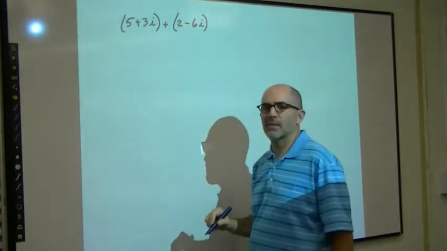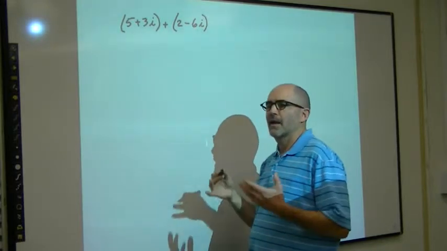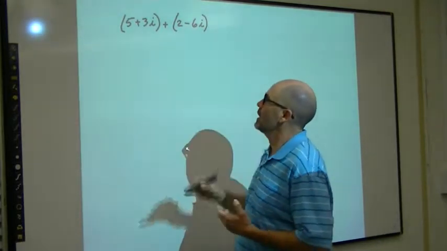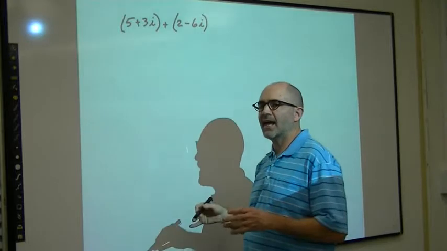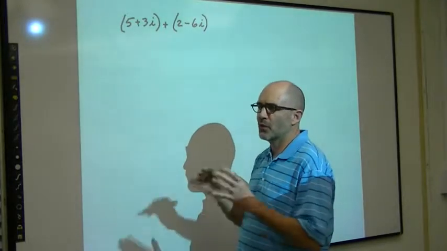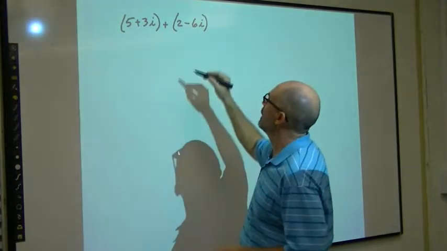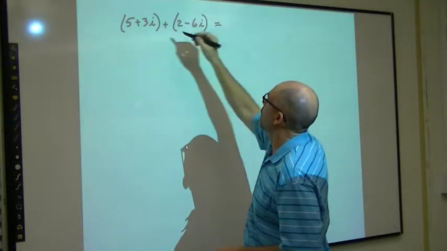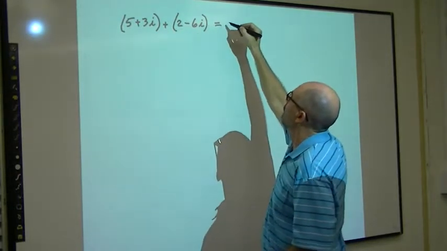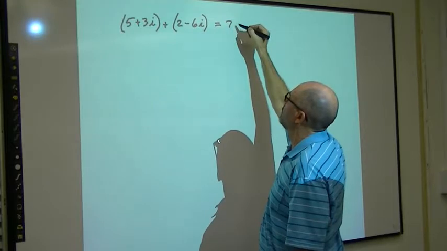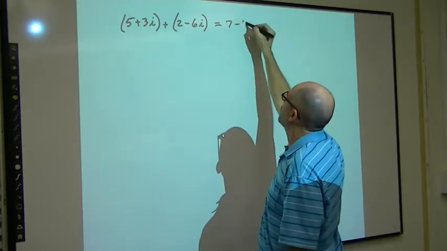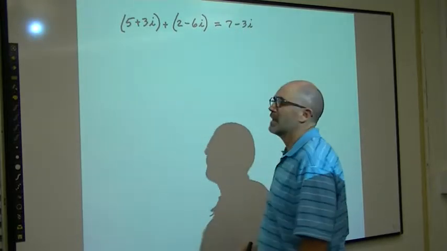There's two complex numbers added. Well, I've got real and imaginary. I cannot add the imaginary with a real or vice versa. So all I do is keep the real added to the real and the imaginary to the imaginary. So I have 5 plus 2 is 7, and 3 minus 6 is minus 3i. That's it, game over.